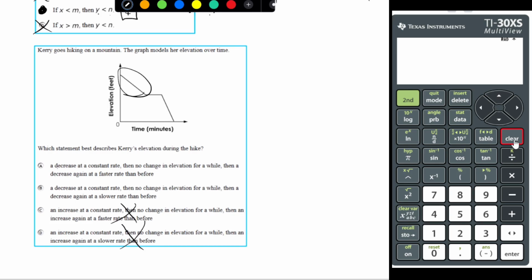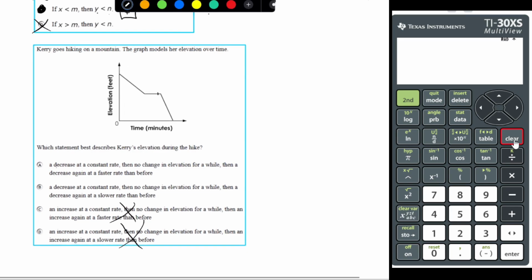So now the question becomes, when they stop and they pick back up, is this a faster rate than this? And the answer is yes. Okay? The steeper the slope, the higher the rate.